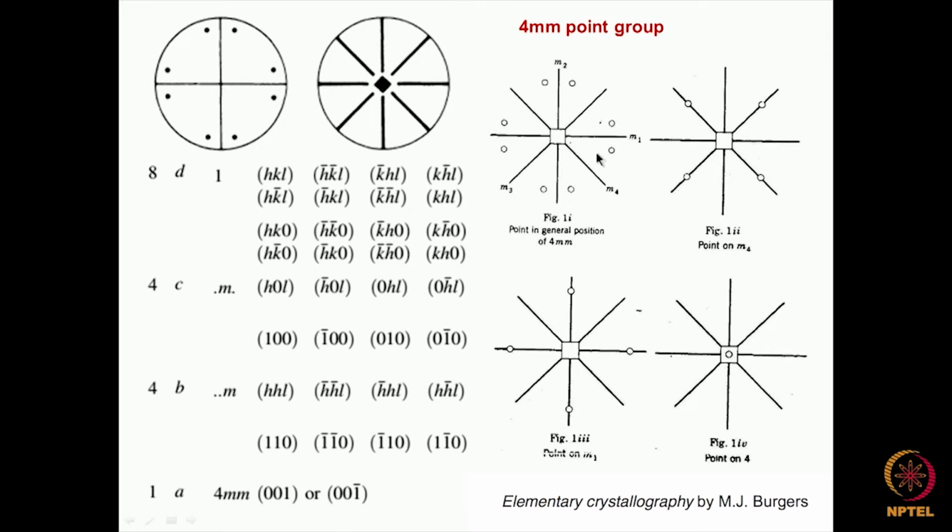Then we put the mirror symmetry element, and you find it gets reflected. Suppose I place it on a symmetry axis, on a mirror; only 4 points have to be placed here.